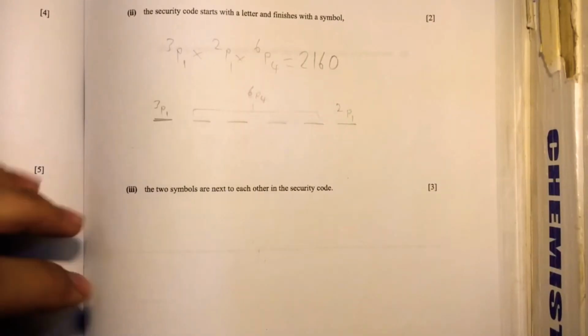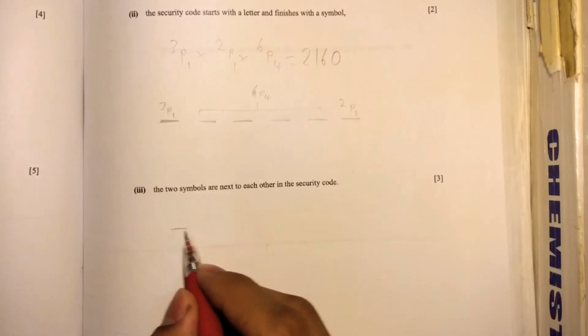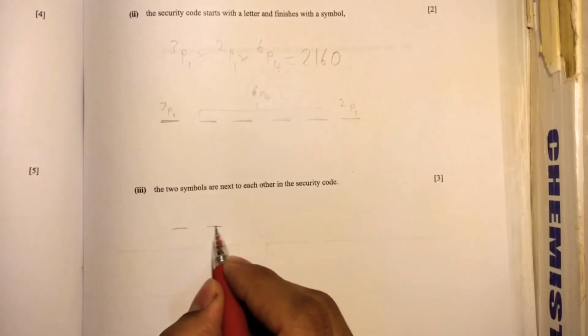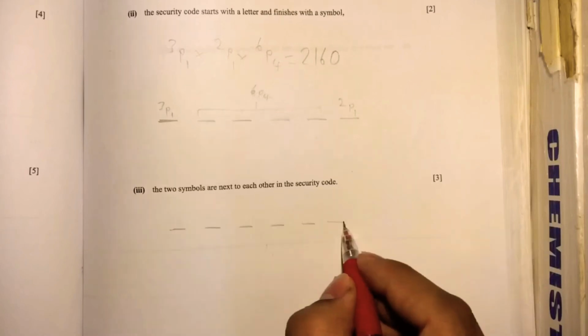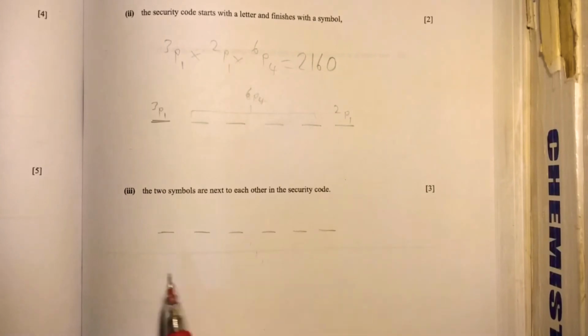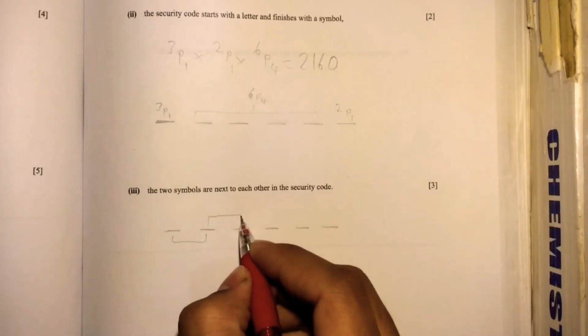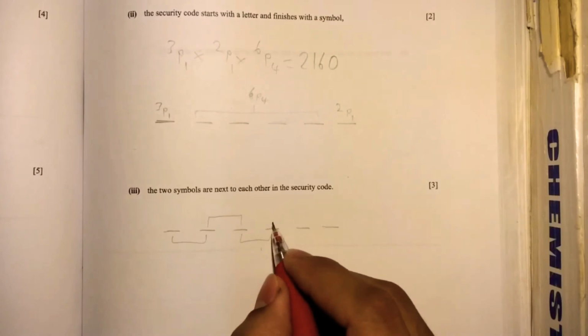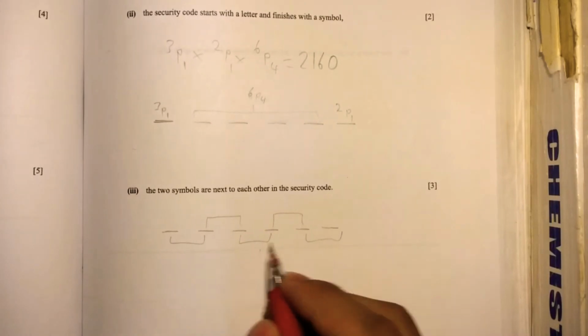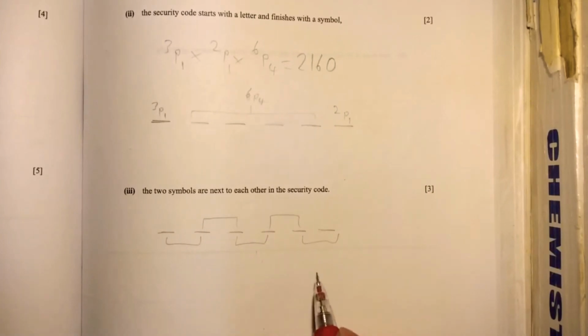In the next part, the 2 symbols are next to each other in the security code. So we have 6 places to fill. Now the symbols have to be together. So either the symbols will be at these 2 places, or at these 2 places, or these, or these, or these. Now these are 1, 2, 3, 4, 5 places where the symbols can be.